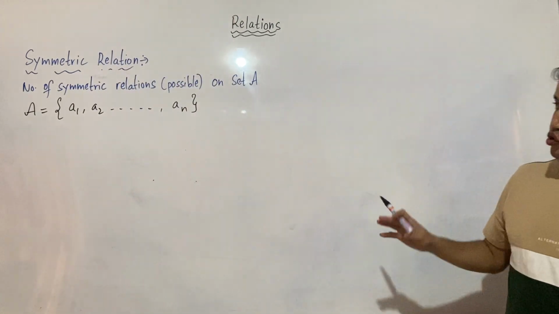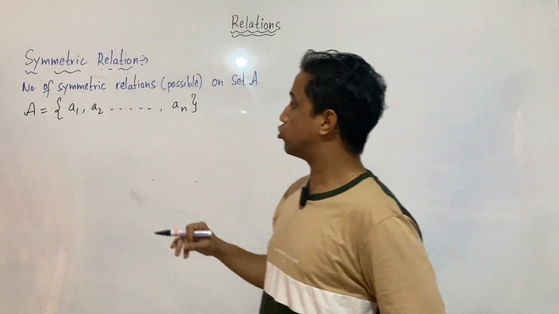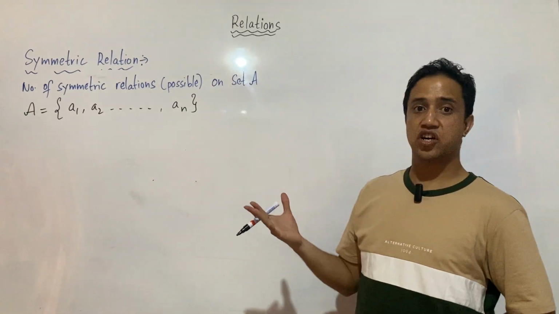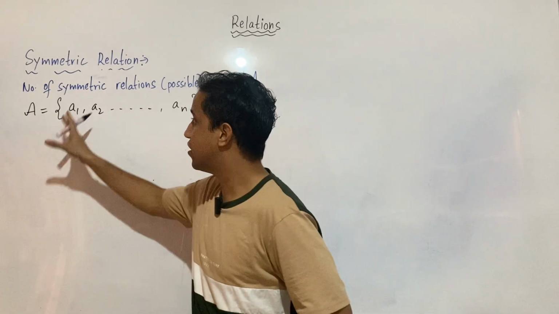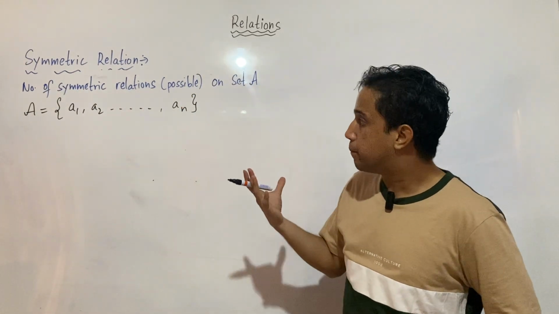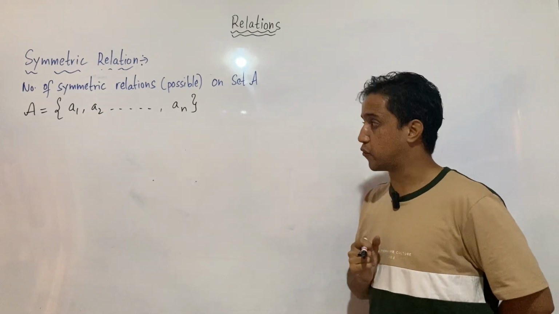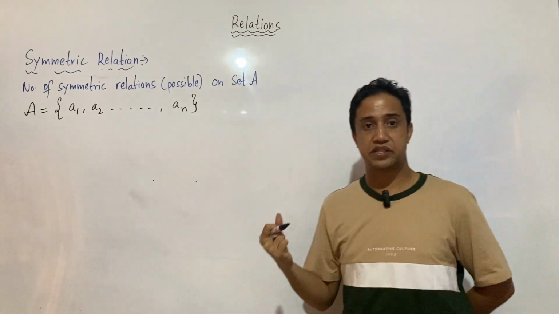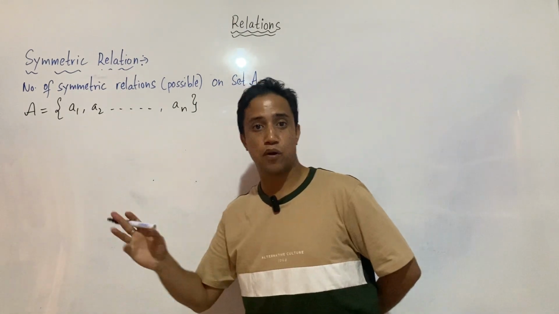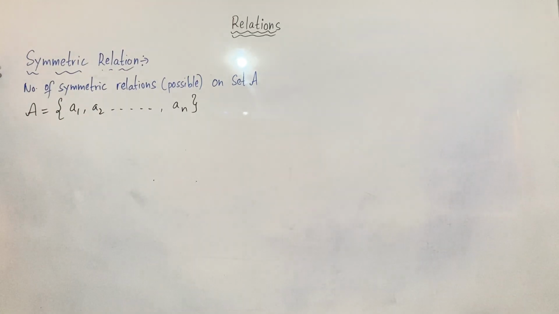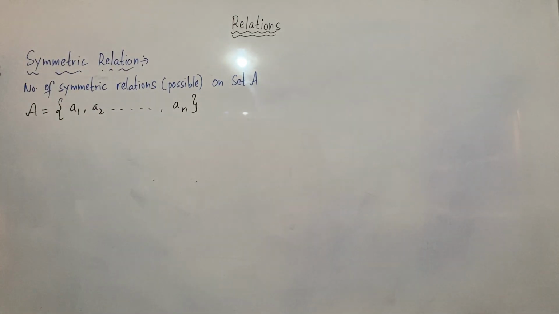Because I have to find out how many possible symmetric relations I can have on set A, or from set A to set A. According to the definition, a relation is a subset of the Cartesian product of two sets. Because a symmetric relation is defined on the same set A, from set A to set A.